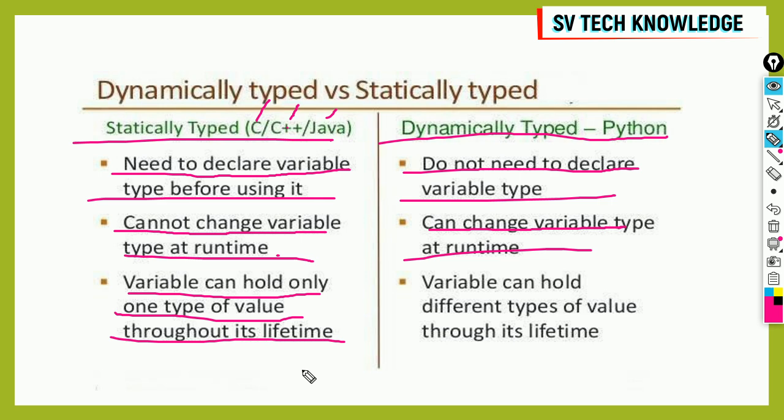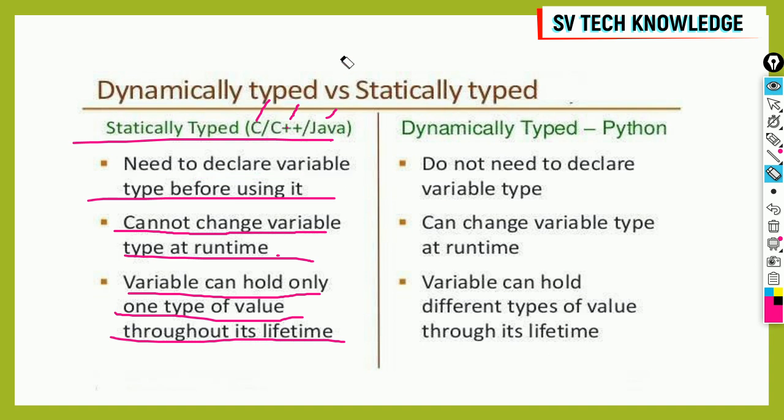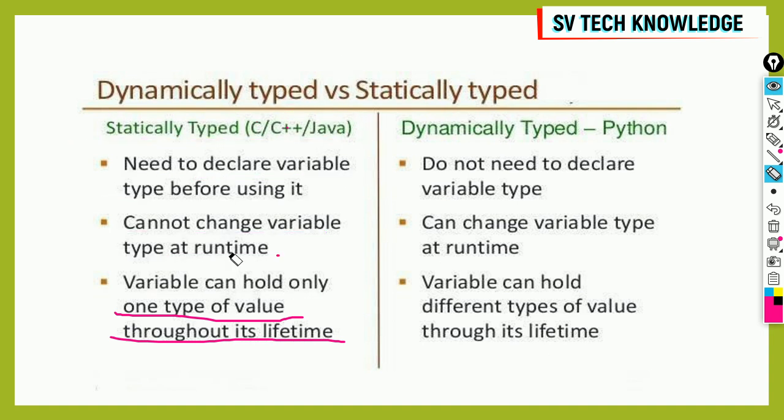So in the entire lifetime of a program, it has only one type of value. But in dynamically typed, a variable can hold different types of values through its lifetime. Because it's dynamic, you can change it at runtime also, any number of times.